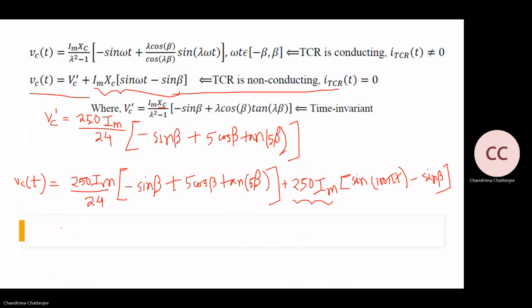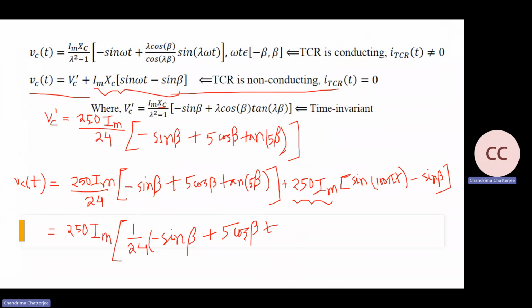Just take 250 Im common, and then it is 1 by 24 into minus sine beta plus 5 cos beta tan 5 beta, then sine 100 pi t minus sine beta. Right?